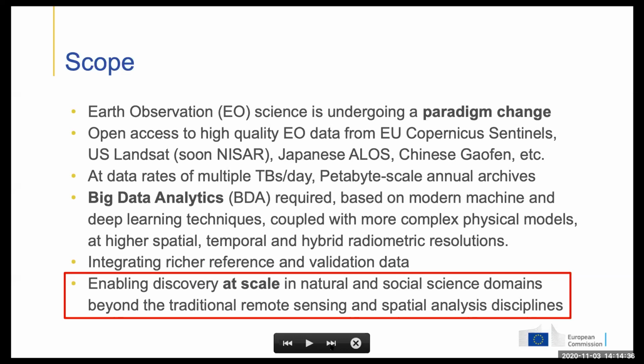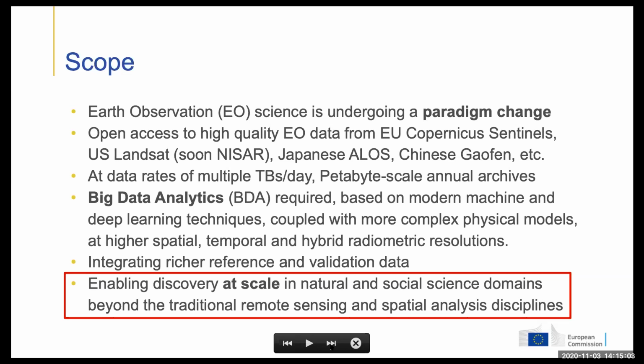There's also Chinese Gaofen data available under open access. And it's a trend that has basically started with Landsat and is now catching on around the world. And already by now, these systems are producing terabytes per day. Already they are stored in petabyte-scale annual archives.